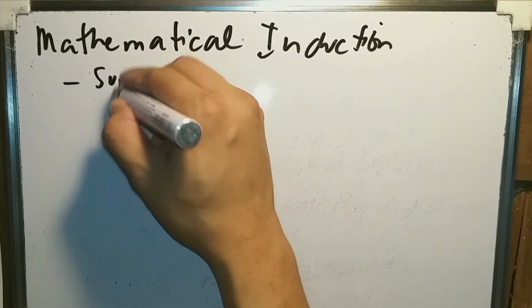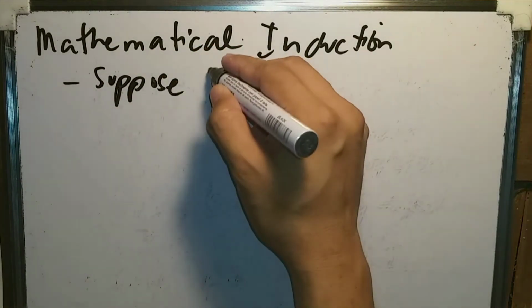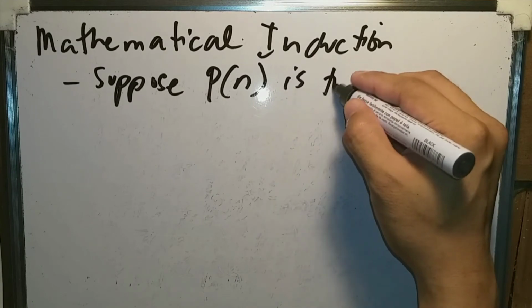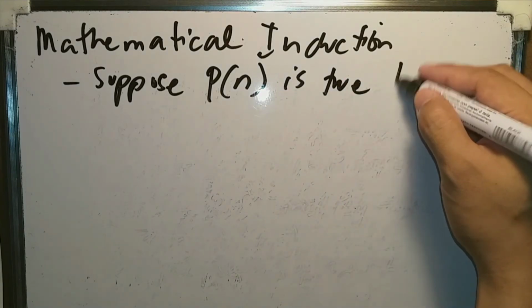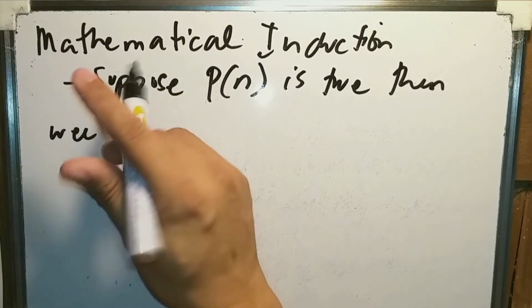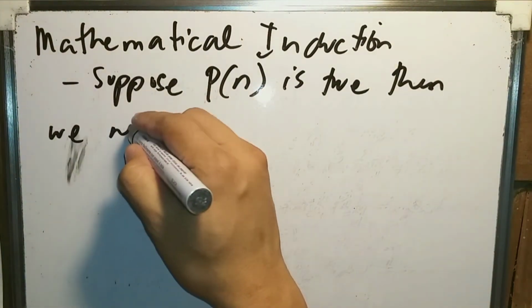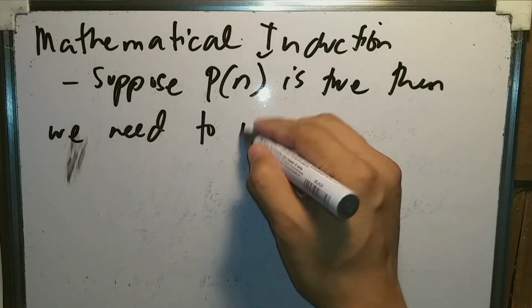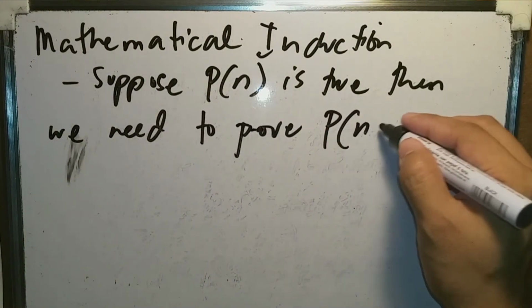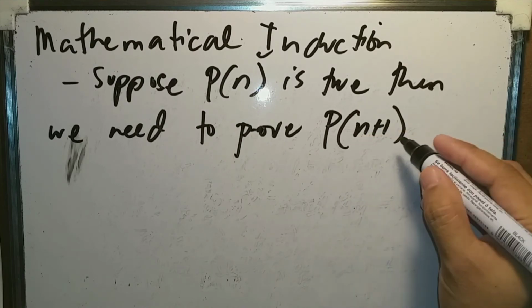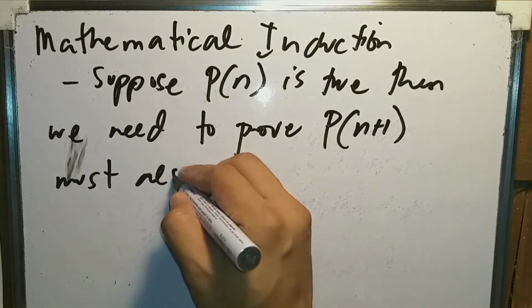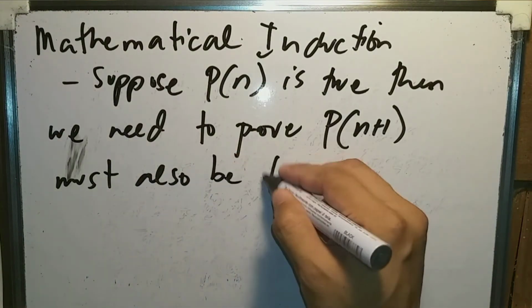Suppose we have a proposition p of n is true, then we need to prove the proposition p of n plus 1 must also be true.